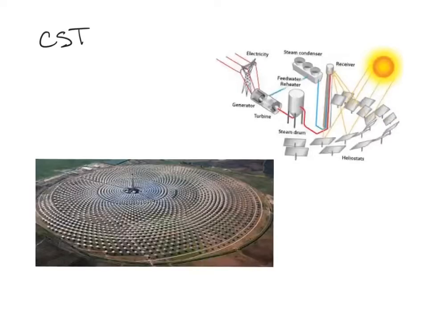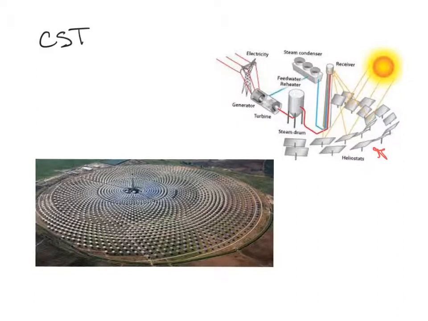One last type of solar technology to talk about is concentrating solar thermal. So CST, concentrating solar thermal electricity generation. CST is a large-scale application of solar thermal energy to electricity generation. So this uses a whole bunch of lenses or mirrors. You can see them here and then here.